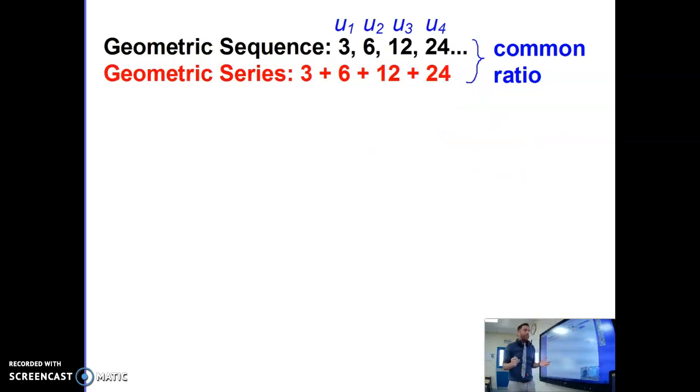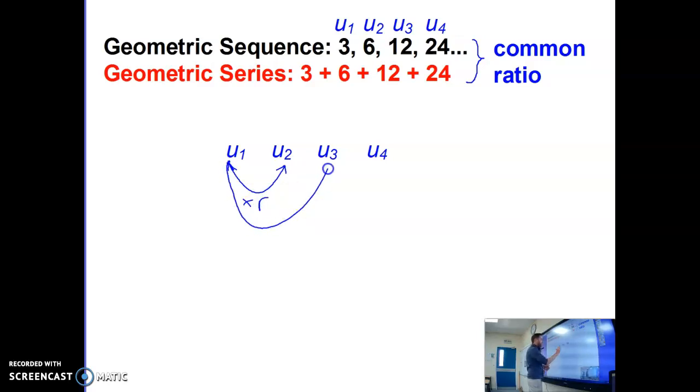Another little useful thing to bear in mind is that when we're talking about a geometric sequence or series, to go from the first term to the second term, I multiply by the common ratio. To go from the first term to the third term, I multiply by the common ratio, and then I multiply again. So it's like r squared.